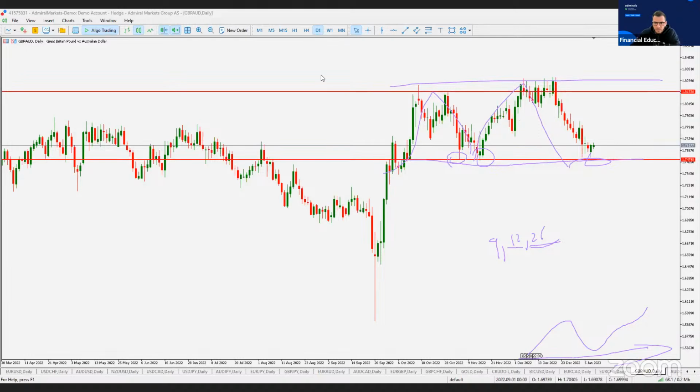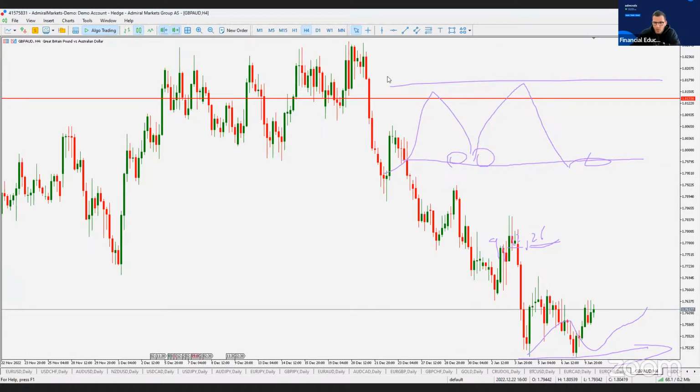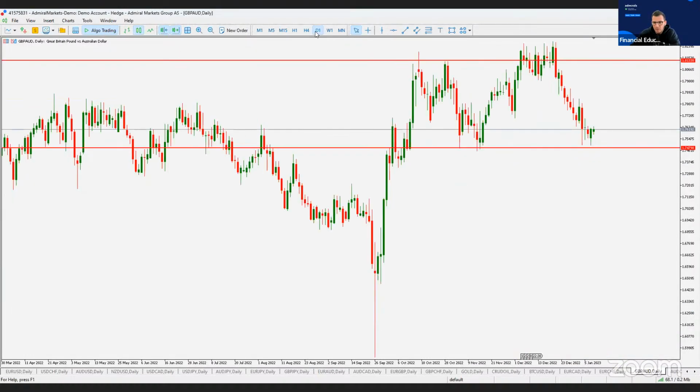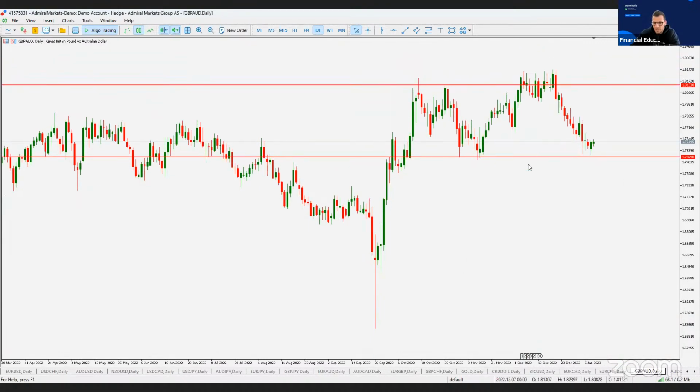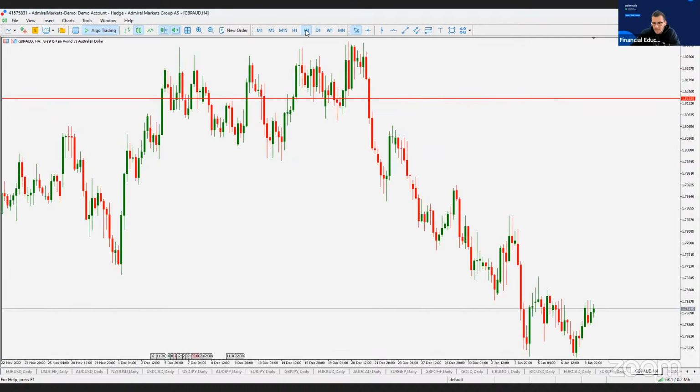Now, if you still don't see anything from the checklist, from the strategies we apply, and you want to take the trade, you can simply use another methodology. You can go on the 4-hour chart. You can spot this double bottom, and you can wait for the price to confirm it, and either we enter right on the breakout, or we use fib retracement.